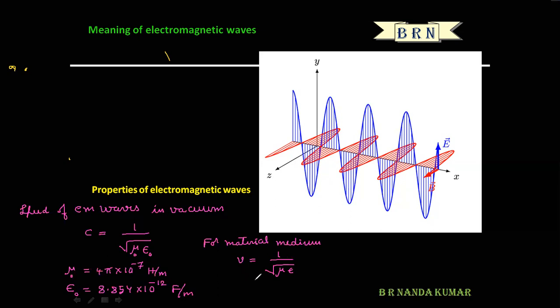So this is the expression for the speed of electromagnetic waves in a material medium. In vacuum, air or space, c equals 1 divided by the square root of mu naught epsilon naught, where mu naught is the permeability of free space and epsilon naught is the permittivity of free space.